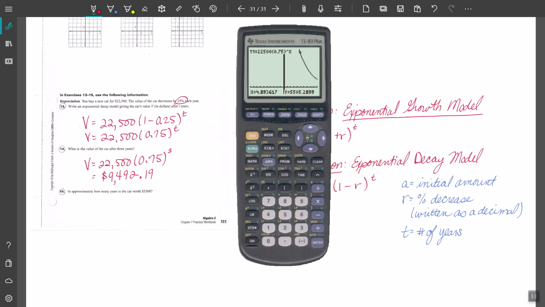And so here I'm at 5,500. Here I'm at 5,100, but you can see my x value is 5.1 at 5,100, and I went too far. It's 4.89 at 5,500, which is larger than we really want. So we're going to estimate that in 5 years, we're going to have a car that is roughly worth $5,300.